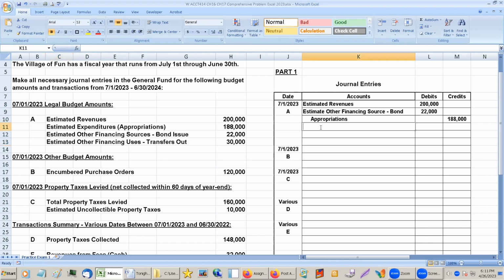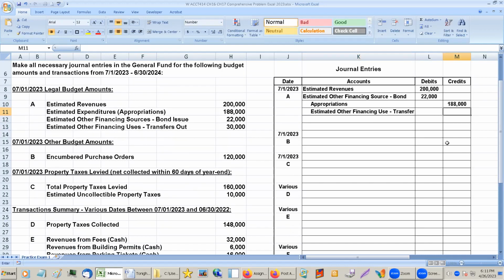So, estimated other financing use. Housing transfer, 30,000.